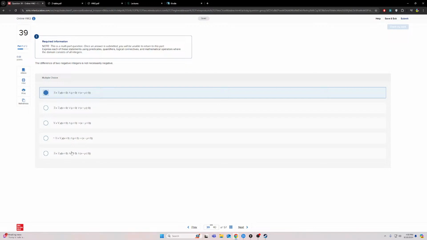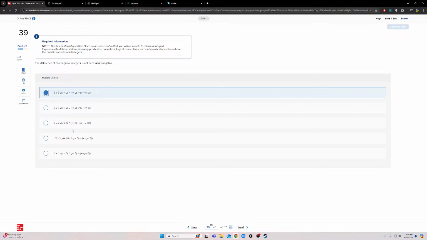X less than 0, and there's Y less than 0, and X minus Y. There exists some where both of these are negatives, or, that's not right. So maybe it's one of these.